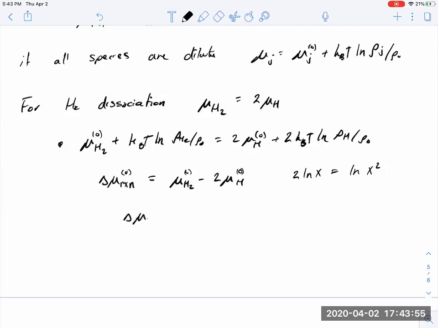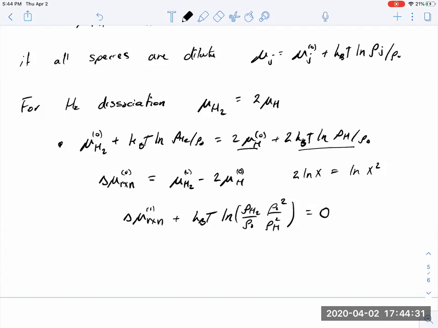I have delta mu of the reaction, by bringing this over to the left, I have kBT log rho of H2 over rho naught. When I bring this term over to the left, I will get a minus log rho H squared over rho naught squared. All of that will be equal to 0.